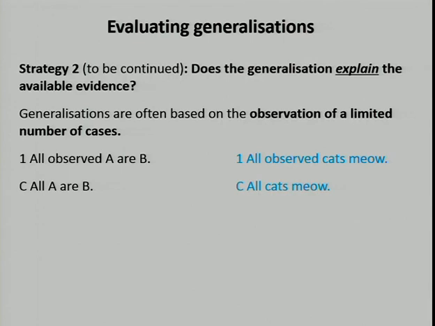So generalizations. All swans are white. All cats meow. How do we get to them? We're saying something about all members in a given group, but it's actually an inference from a limited number of observed instances, right?